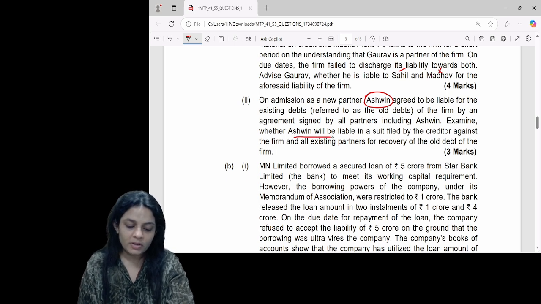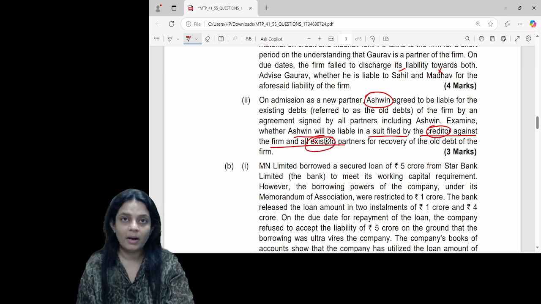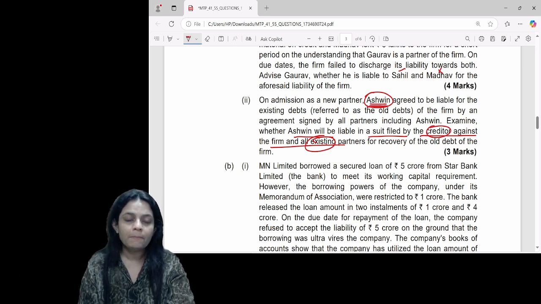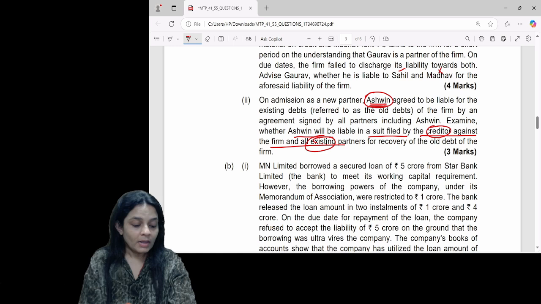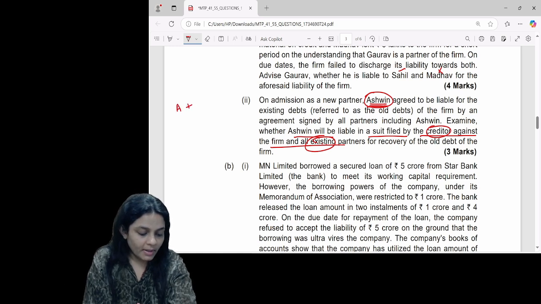Examine whether Ashwin will be liable in a suit filed by the creditor against the firm and all existing partners. They are saying if the creditor files a case against the firm and the existing partners, is Ashwin also liable? When a partner agrees to be liable from a prior date, this agreement is between Ashwin and his other partners.